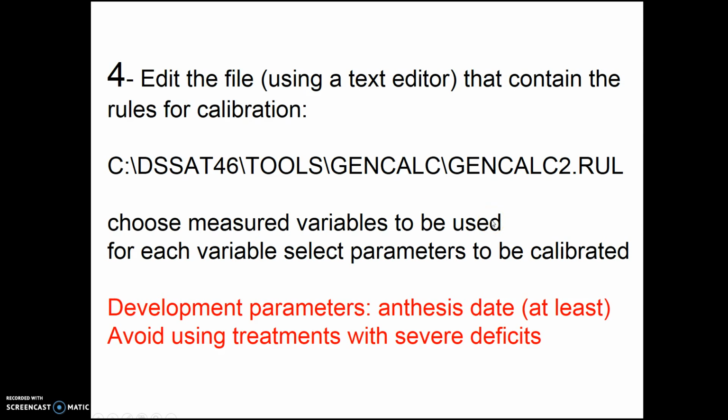For instance, if we want to use the flowering date, and for each variable that we will use for the calibration, we will select which crop parameters are going to be calibrated. In general, for development parameters, we need at least anthesis date. And it is recommended to avoid using treatments for calibration with severe deficits for nitrogen or water.